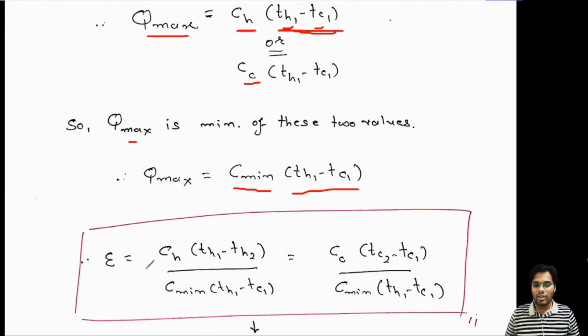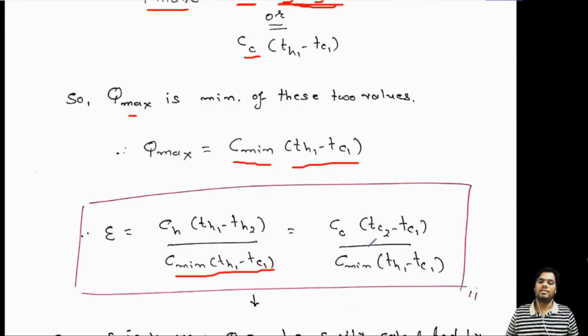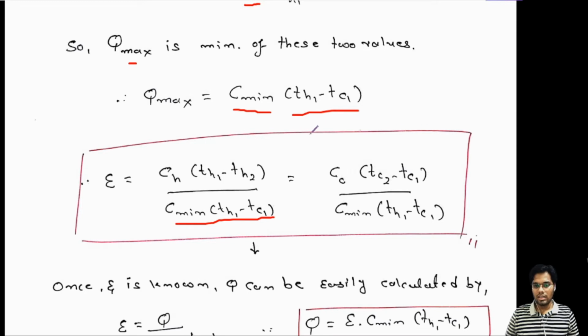So the effectiveness is equal to T h1 minus T h2, which is Q for the hot fluid, or C c into T c2 minus T c1, Q for the cold fluid. Both are the same, upon Q maximum, which is C min into T h1 minus T c1. So this is the effectiveness of the heat exchanger.